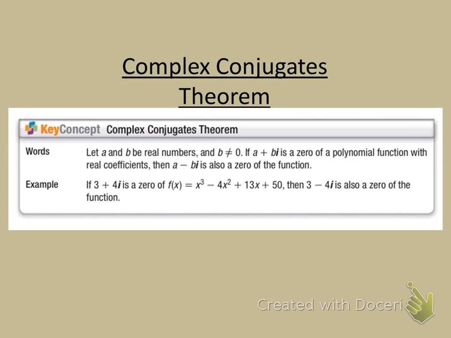Every time you have imaginaries, when you do your roots, they will happen in pairs. Okay? They will happen in pairs. Because where do imaginaries come from? Anybody remember? How do we get imaginaries? What do we take to get an imaginary number? Nope, i isn't imaginary. How do we get there?